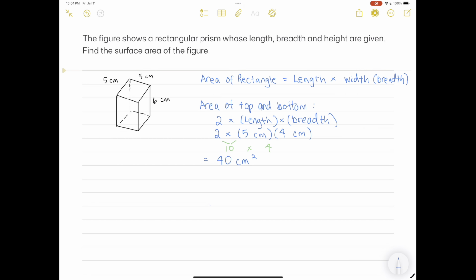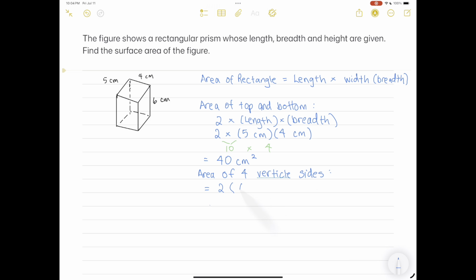Next, I will figure out the area of the 4 vertical sides of the rectangular prism. And I see I've misspelled vertical. It should be vertical.